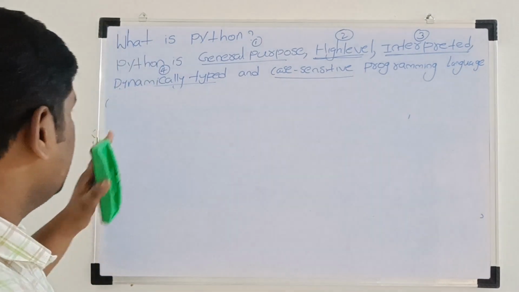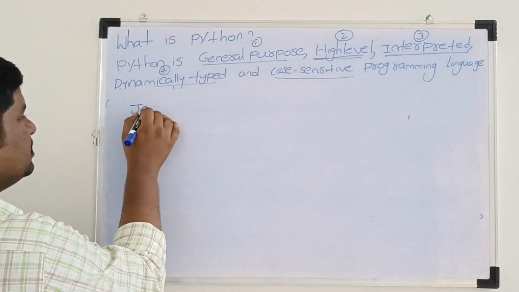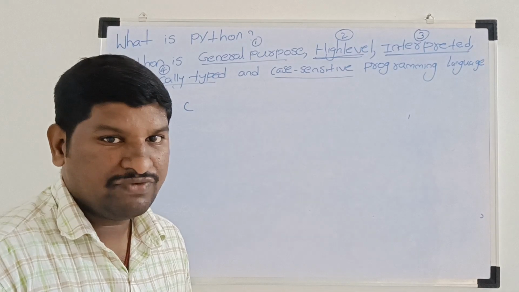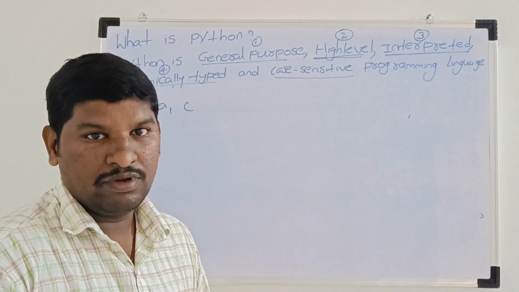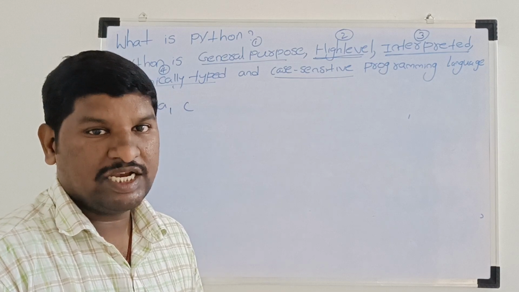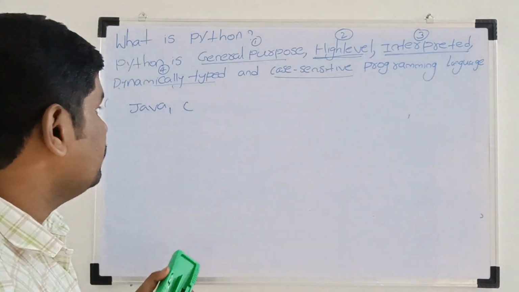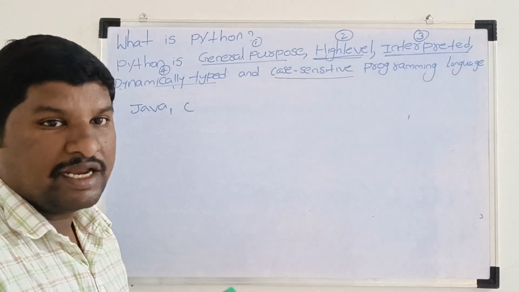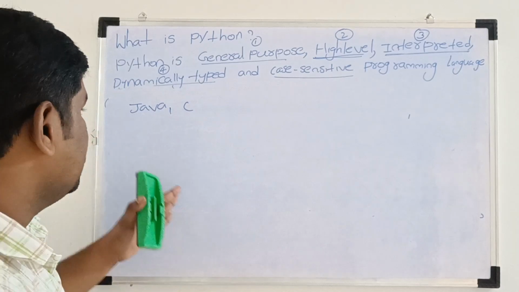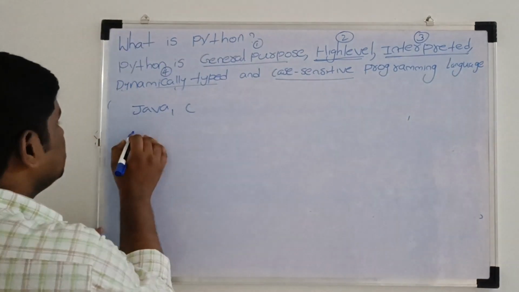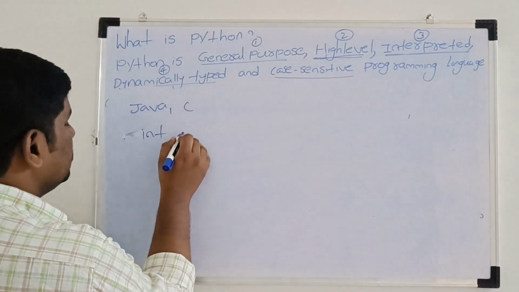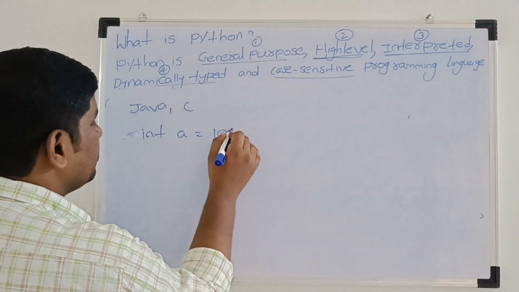For example, in Java and C, if you want to declare and initialize a variable, we have to specify the data type before the variable name, like int a equal to 10.